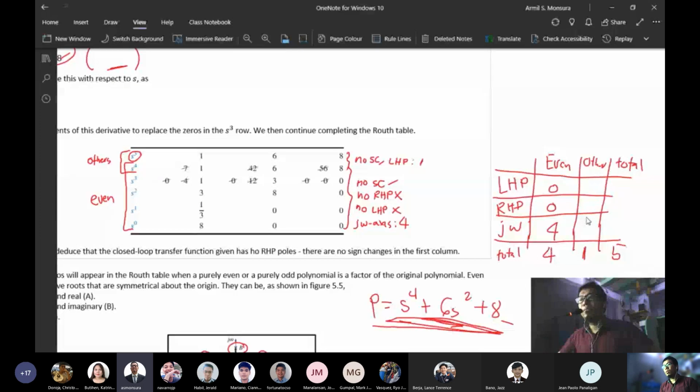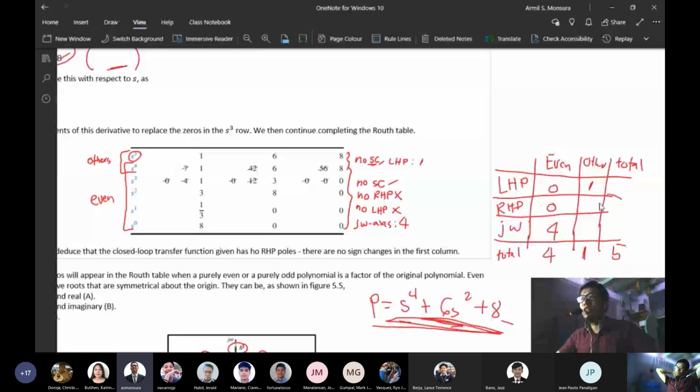Sa others naman, since walang sign change, walang right half plane pole. At wala naman tong requirement ng symmetry kasi ordinary or basic route table lang yung interpretation natin sa others. So, kung wala siyang right half plane pole, yung isang hinahanap nating pole, nandun sa left half plane.